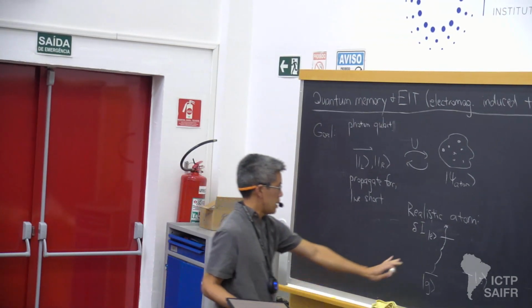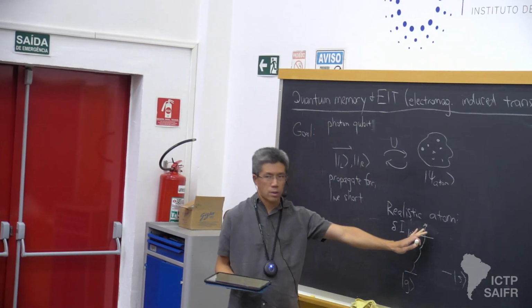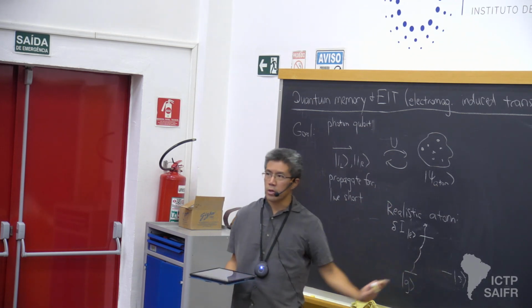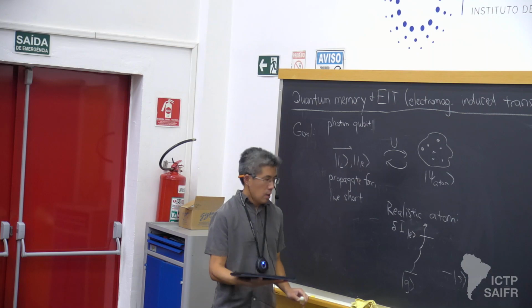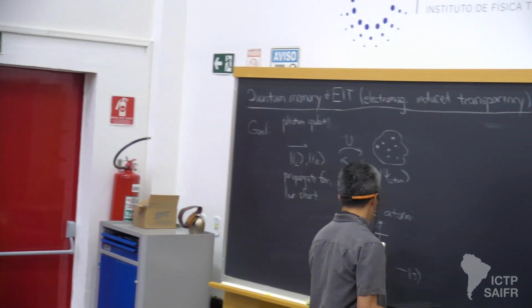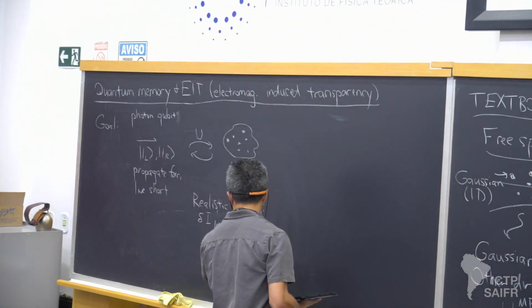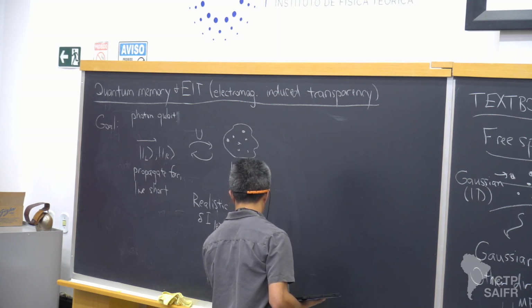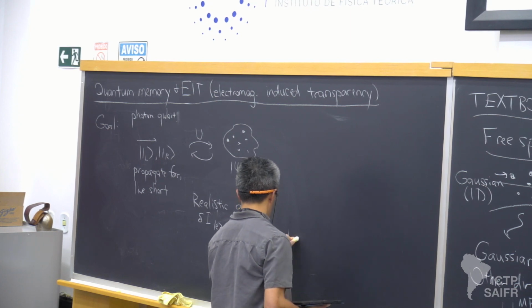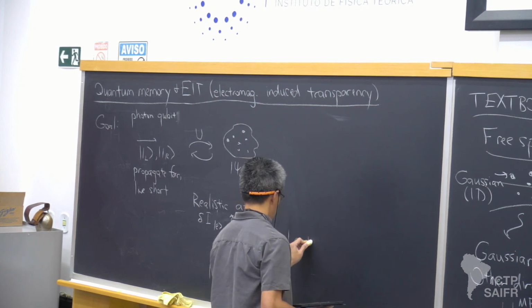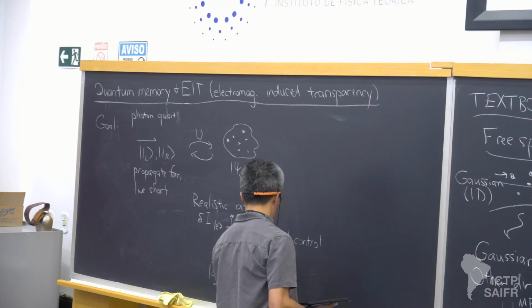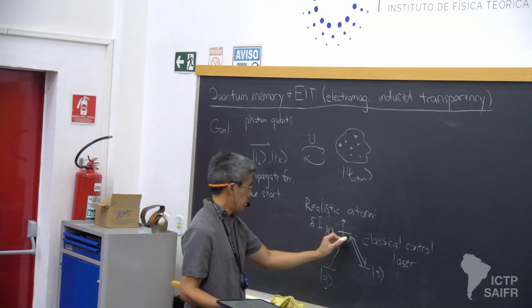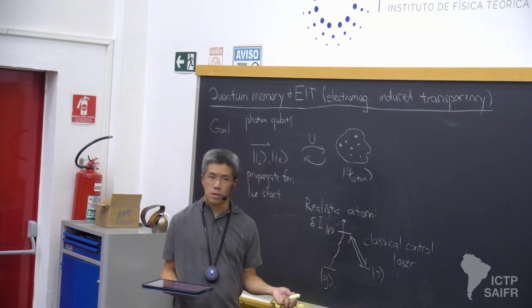Okay, so up to now, this type of two-level atom interacting with light is exactly what I presented before. The only difference now is we have this one other state. Okay? And what you can do is you can then use a classical control field, a classical laser, which is resonant with the S to E transition.